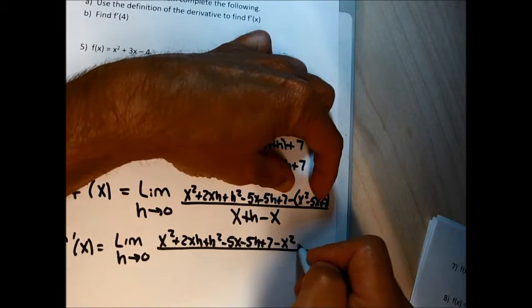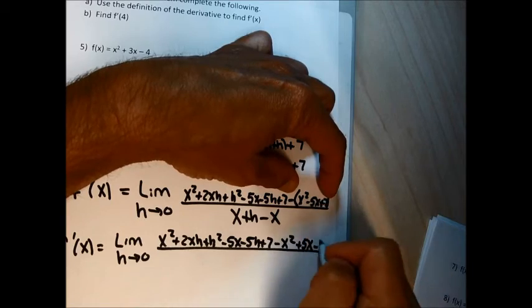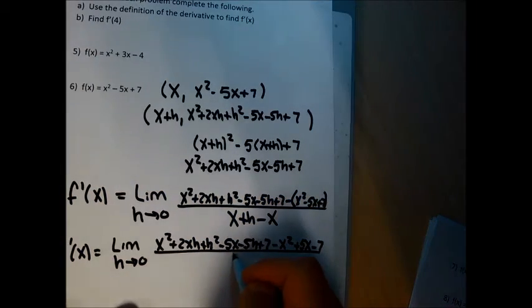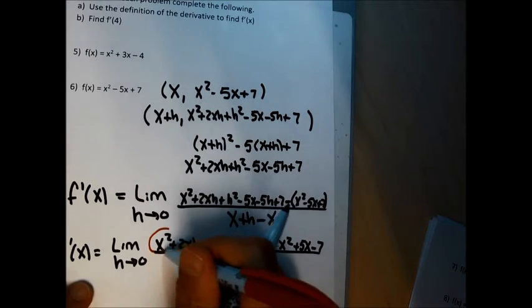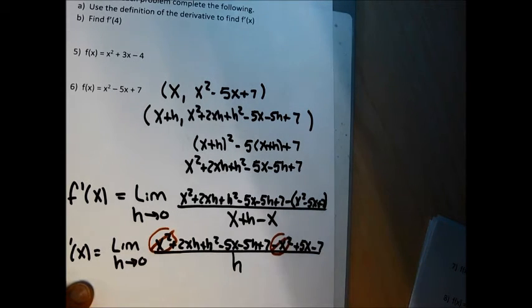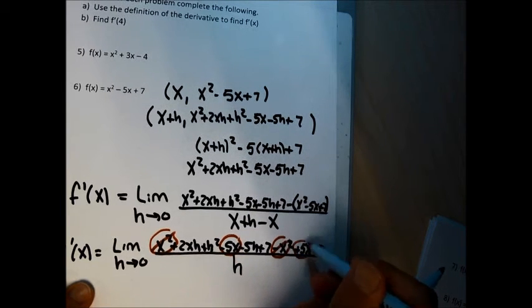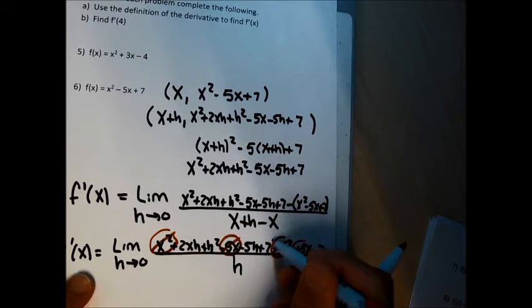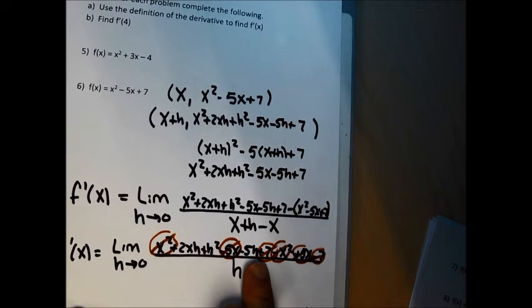The negative 5x is going to go to positive 5x. And the positive 7 is going to go to negative 7. And the denominator is going to be just an h. Everything in the numerator that doesn't have an h should cancel. This x squared and that minus x squared cancel. This minus 5x and this plus 5x cancel. And this plus 7 and this minus 7 cancel. Everything that's left in the numerator has an h.